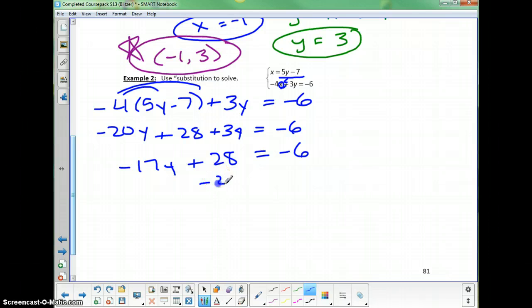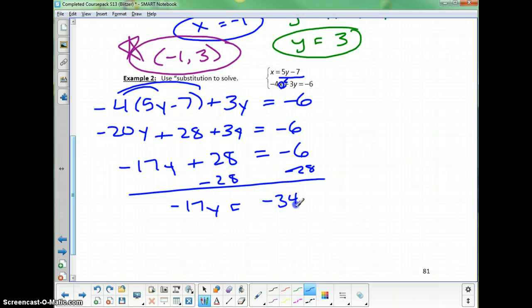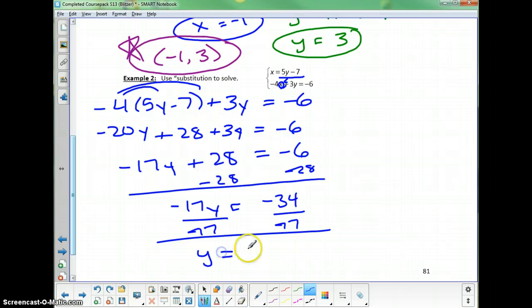Then we're going to subtract that 28 from both sides. So it's going to be negative 17y equals, let's see, that's going to be negative 34. And then divide both sides by negative 17. So two negatives, it's going to become positive 2. So y equals positive 2.